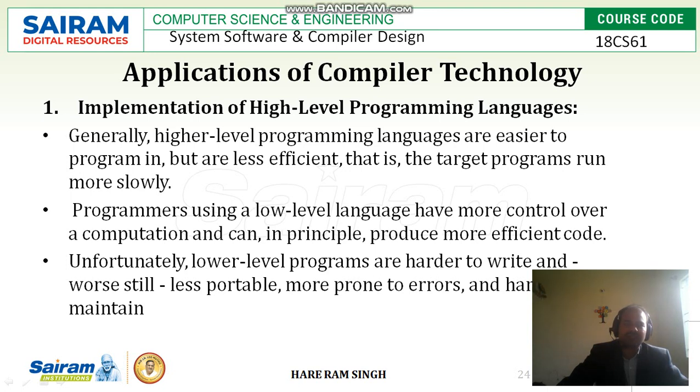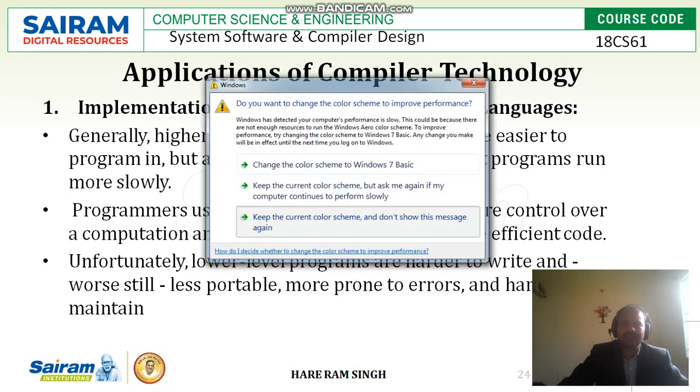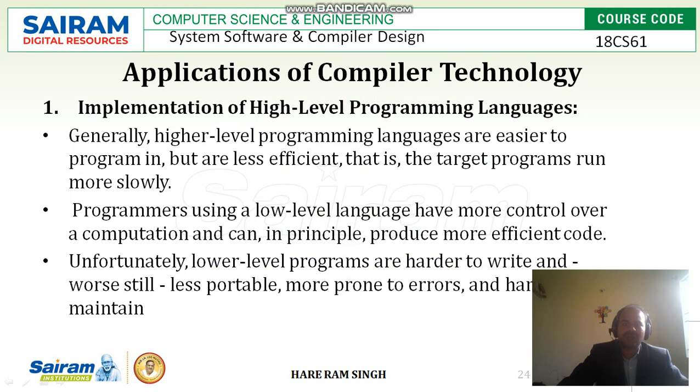Since higher level languages are easier to understand, easier to write, and less error prone, but they are very slow to run on the processor, and the processor will not understand the high level programming language.